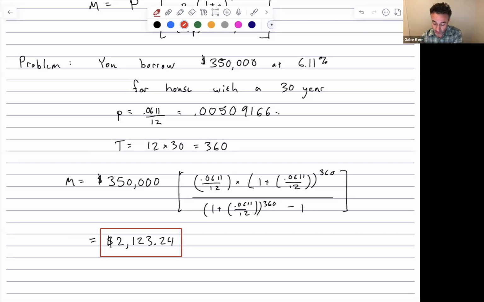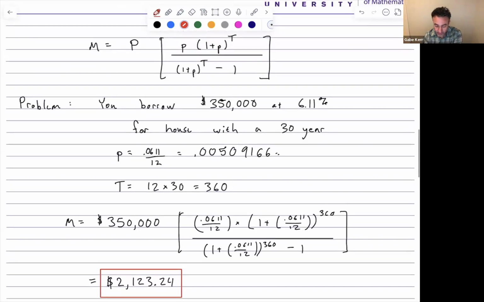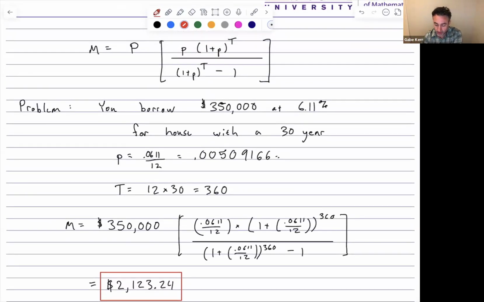So this is how you calculate that. And now again, you might be like, well, Dr. Kerr, that's all well and good, but I'm not going to remember this formula after I leave this video or this class. And I will say that's okay. As I said, there are these apps online that you can consult.